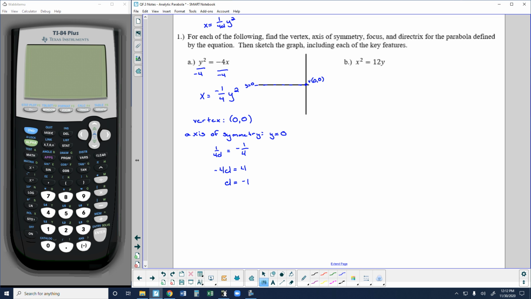What this tells me is my focus is 1 unit away from my vertex, and we know it's on the axis of symmetry. It's to the left. So my focus is going to be at -1, 0. Now my directrix is going to be the same distance away, but it's going to be on the other side.